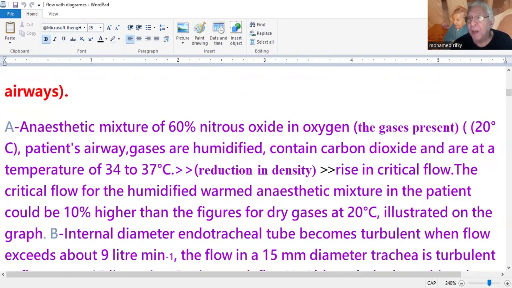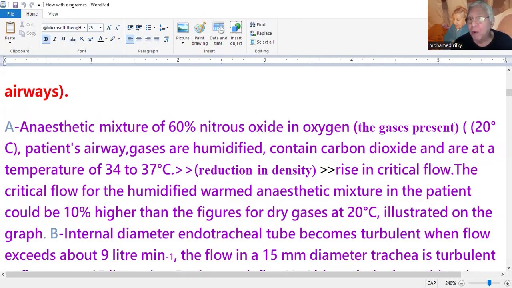Of course, humidity decreases the density. This is very important, of course, to increase the critical velocity. In other words, whenever I say increase the critical velocity, it means that there is much more flow to increase the velocity. So it is safer to say to increase the critical velocity or the flow.